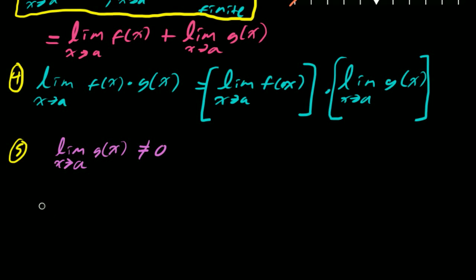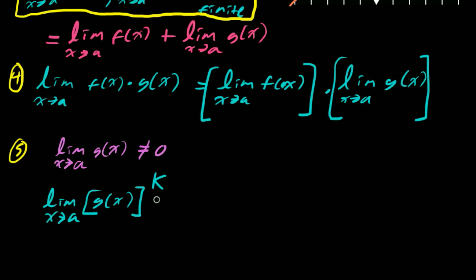So the fifth rule that we're going to talk about is, if we took the limit as x approaches a of the function g of x, and we were to raise that function g of x to some power, it could be any power, including 0 or a negative power here, because we've established that the limit as x approaches a of g of x cannot be equal to 0.